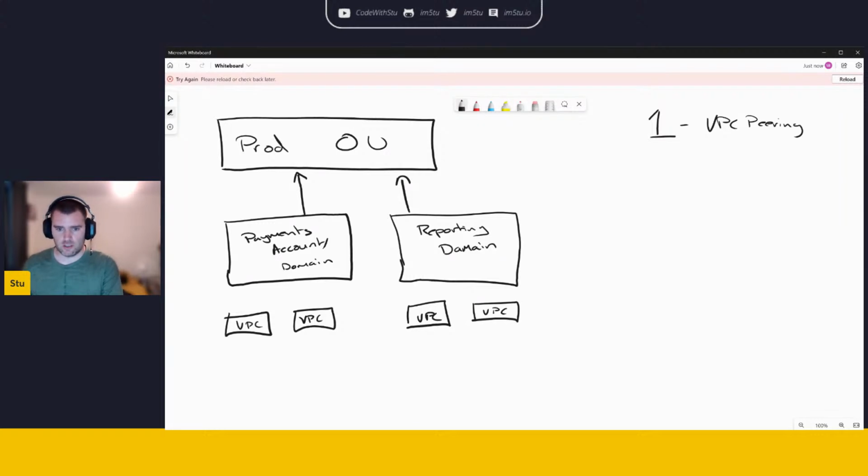So to connect these two VPCs together, we will create a VPC peering link in between. And if we wanted to connect a third one, then to make sure they all can communicate to each other, we then have to start drawing a line from one box to every other box. So the more VPCs we add into this, the more complicated the network becomes.